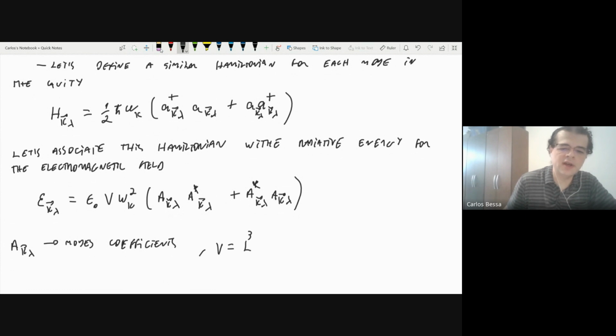If it is a cubic cavity, for instance, and each edge is L, then V would be L cubed. But let's keep it general: V is just the volume of the cavity.